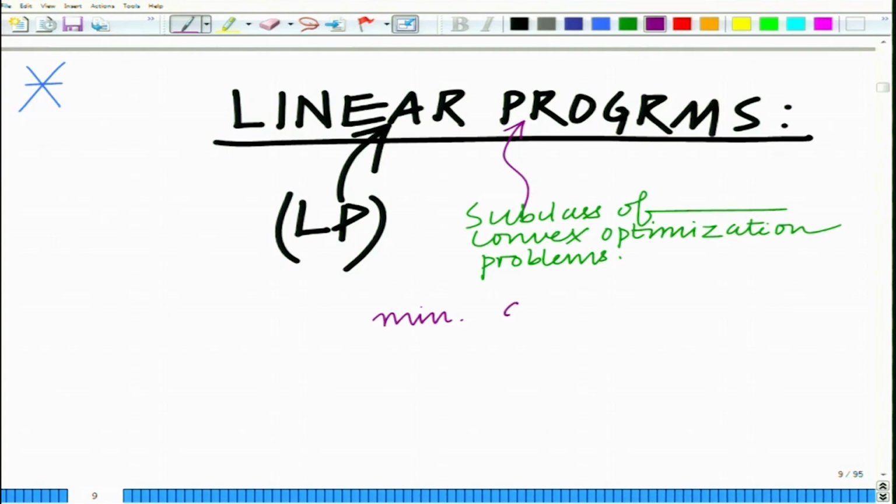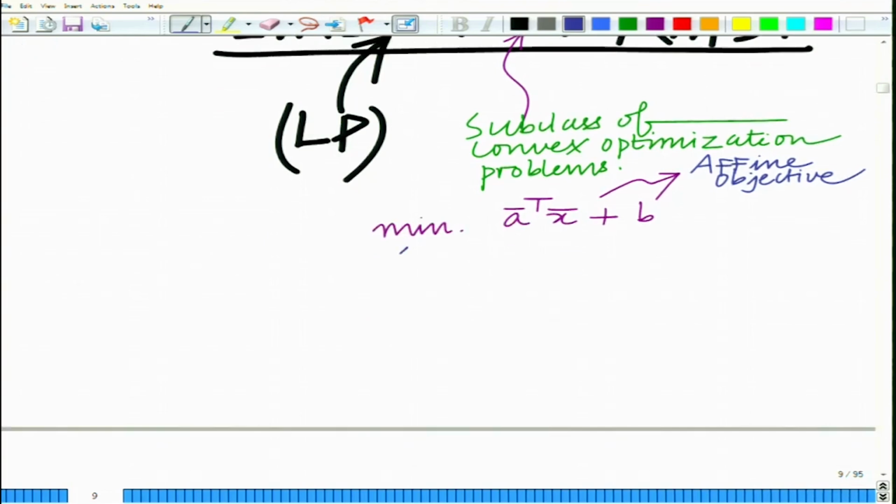So it's minimize a bar transpose x bar plus b, which is a linear or affine objective function, subject to the constraints, which are also affine, that is c_i bar transpose x bar less than or equal to d_i for i equals 1, 2 up to L, and equality constraints, which have to be affine in any case for a convex optimization problem, as we have seen in the previous module.